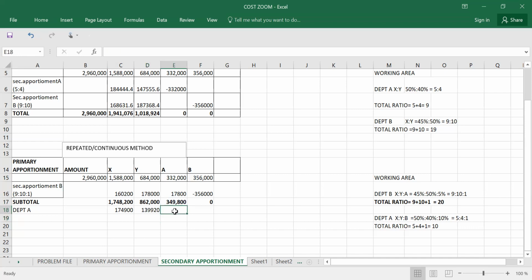Now it cannot distribute to itself. And because it cannot distribute to itself, it already has a negative 349,800. Okay. Now this one is equal to, B is getting 1 divided by 10 times this.